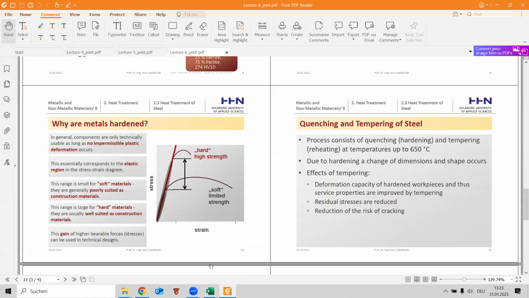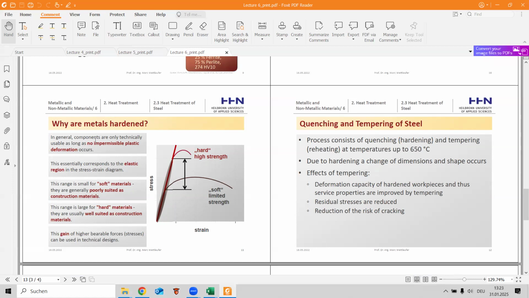So quenching and tempering. While metals harden, general components are useful as long as no impermissible plastic deformation occurs. This essentially corresponds with the elastic region in the stress-strain diagram. This range is small for soft materials. They are generally poorly suited as construction materials.